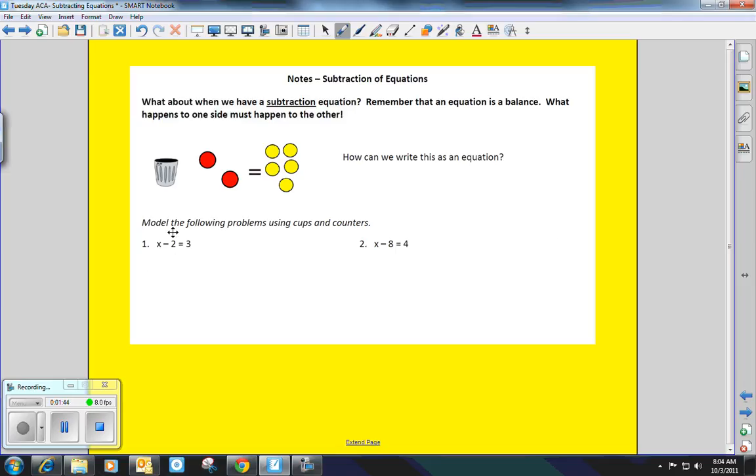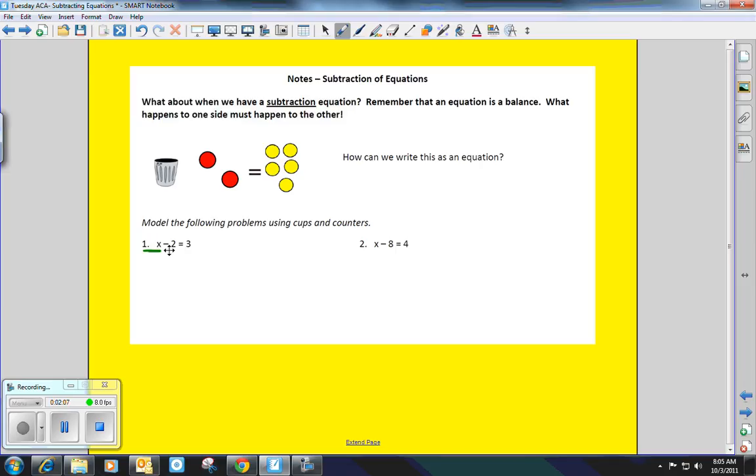Remember that since it's subtraction, subtraction and negative sign are the same thing, okay? They're the same thing. So when I am looking at this equation, I am looking at positive x and -2. The sign in front of the number goes with it. So this is positive x, and there's nothing in front of it, so that makes it positive.